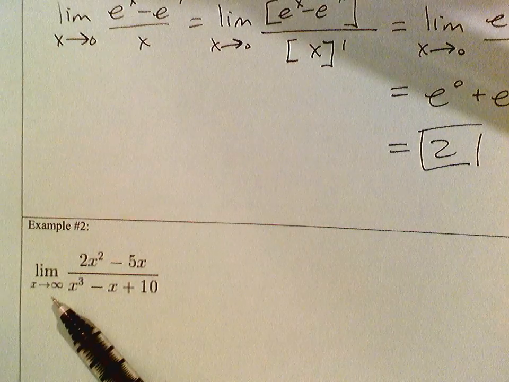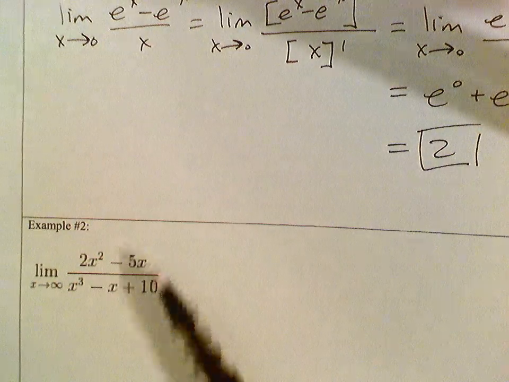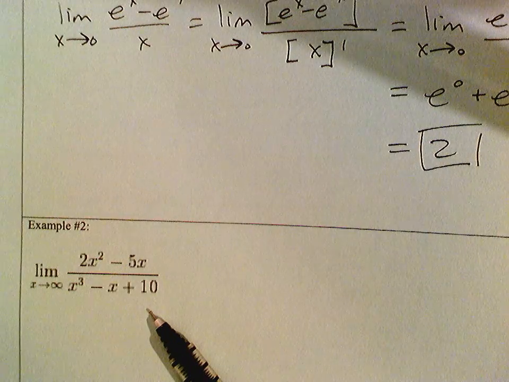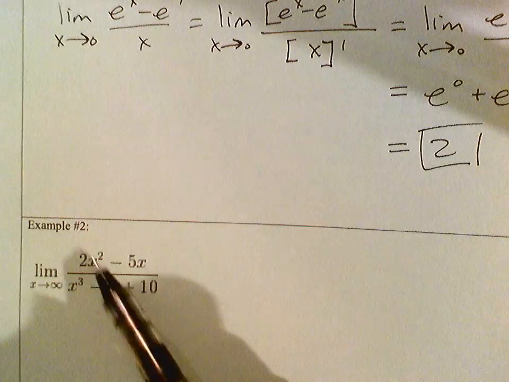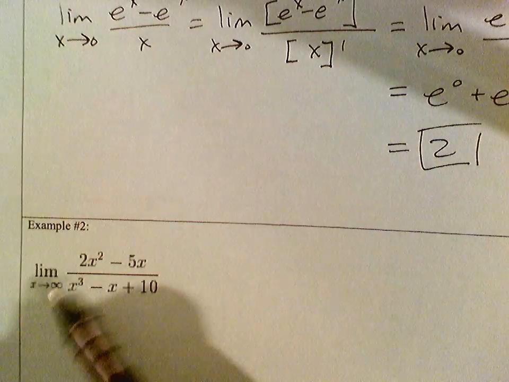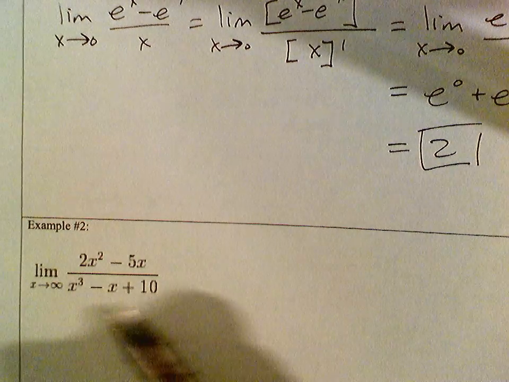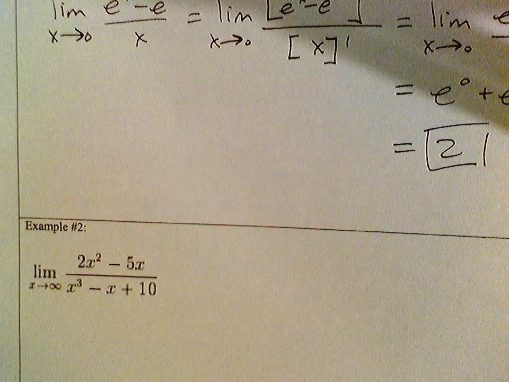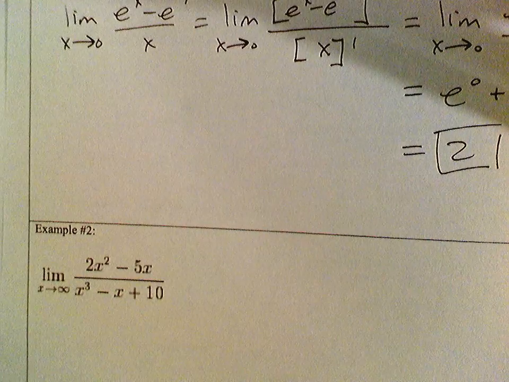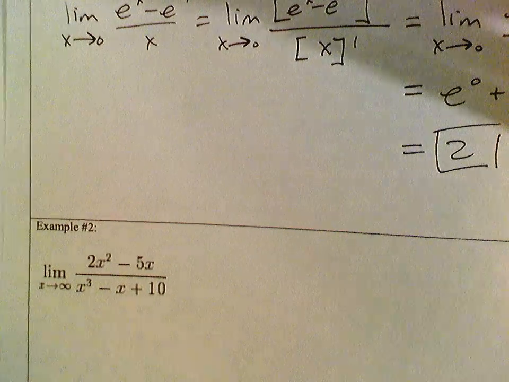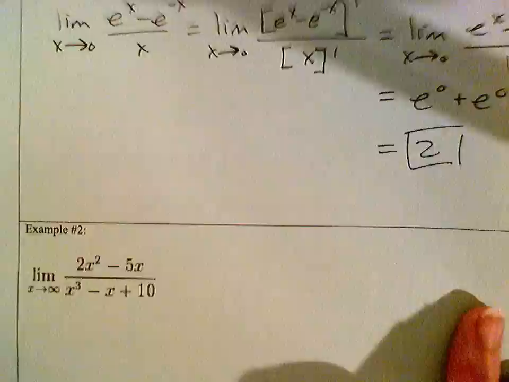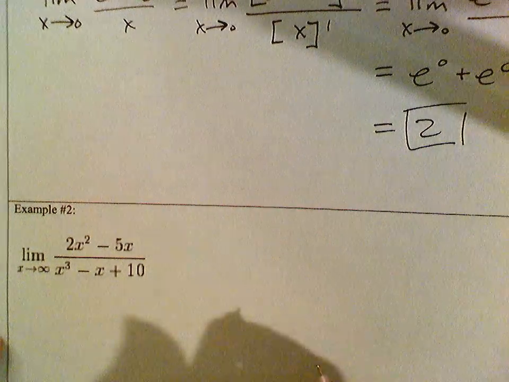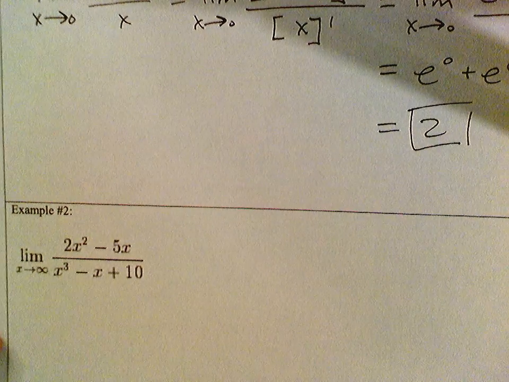If x is approaching positive or negative infinity, and you have a polynomial over a polynomial, the end behavior model says that at huge x values this function is going to behave the same as 2x squared over x to the third. That would be the end behavior model. But let's not use that here because we want practice with L'Hopital's rule. Just to be clear, I would use the end behavior model if this showed up on a test or a quiz because it's way more efficient.